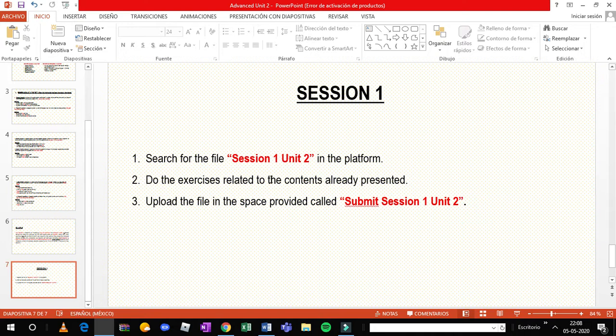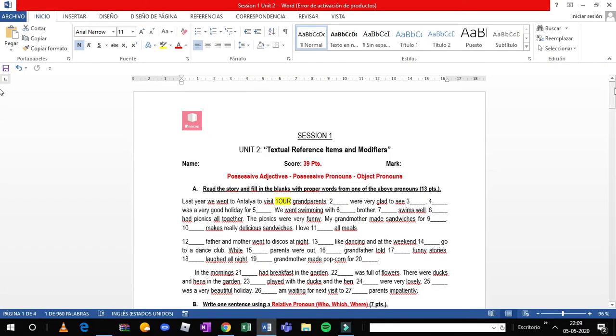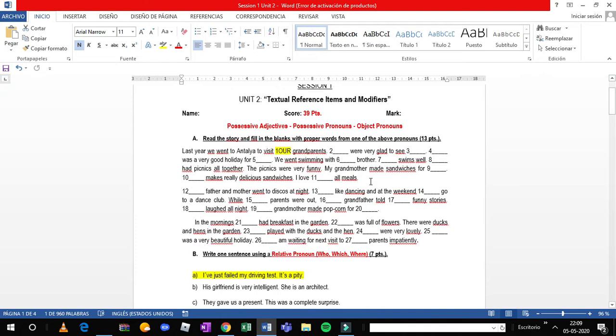Do the exercises related to the contents already presented. And third, upload the file in the space provided called Submit Session 1 Unit 2. So, this is the session.